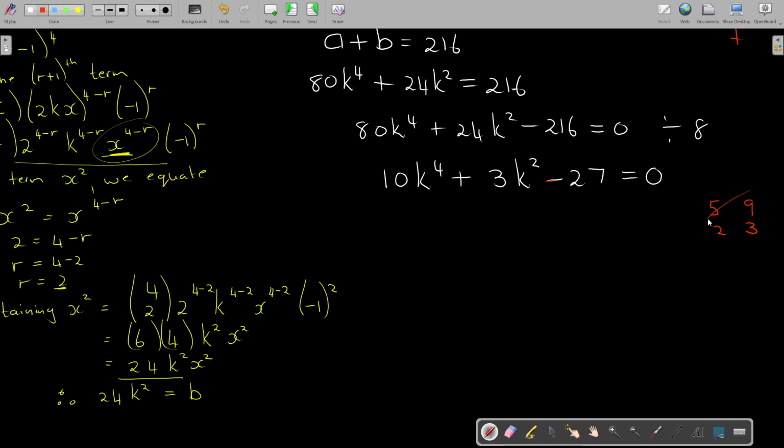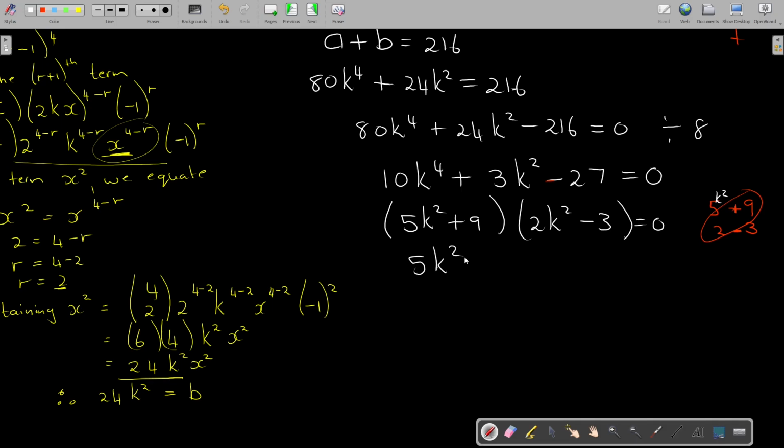Excellent. The biggest one gets a positive and a negative. So basically, I'm going to get 5, and remember this is k². So 5k² plus 9, 2k² minus 3, and that's 0.